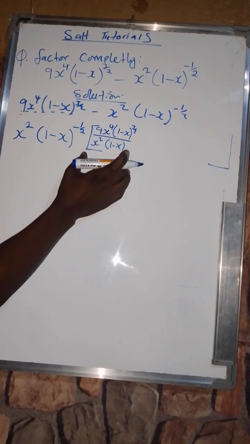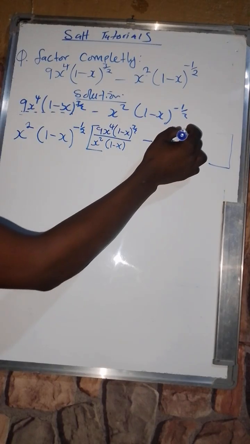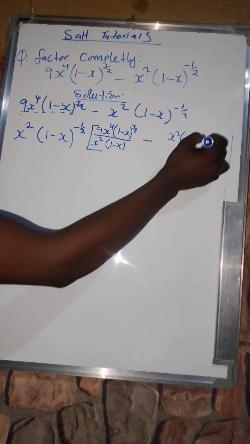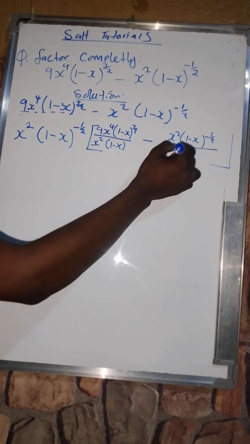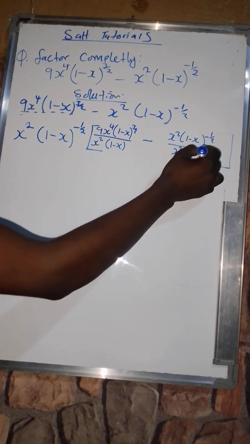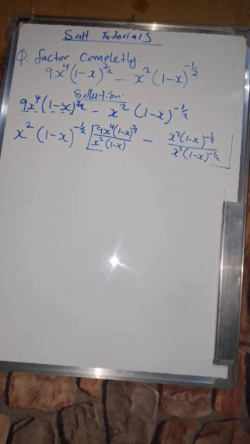So the first term will have that, minus the second term, which is x squared, 1 minus x power negative 1 over 2, over the common term x squared, 1 minus x power negative 1 over 2. This is what I'm going to have in the bracket.